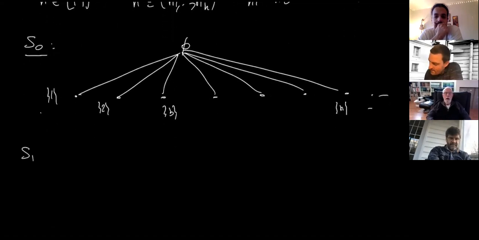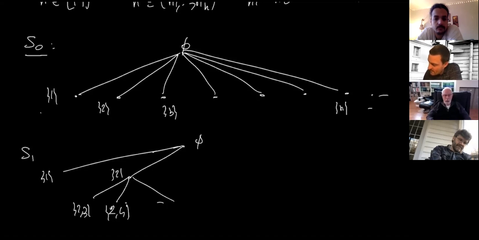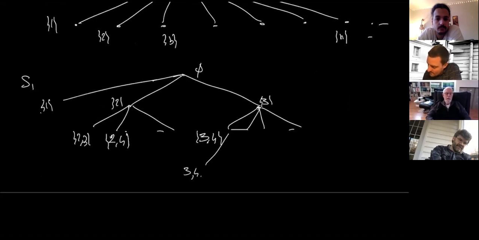Now S1 is the following tree. Again, you have the root, then you have 1, and that's it. Then you have 2, and then here you're allowed to have 2, 3, and then 2, 4, and so on. And if this is 3, you're going to have 3, 4, 3, 5, and so on, and then 3, 4, 5, 3, 4, 6, and so on.